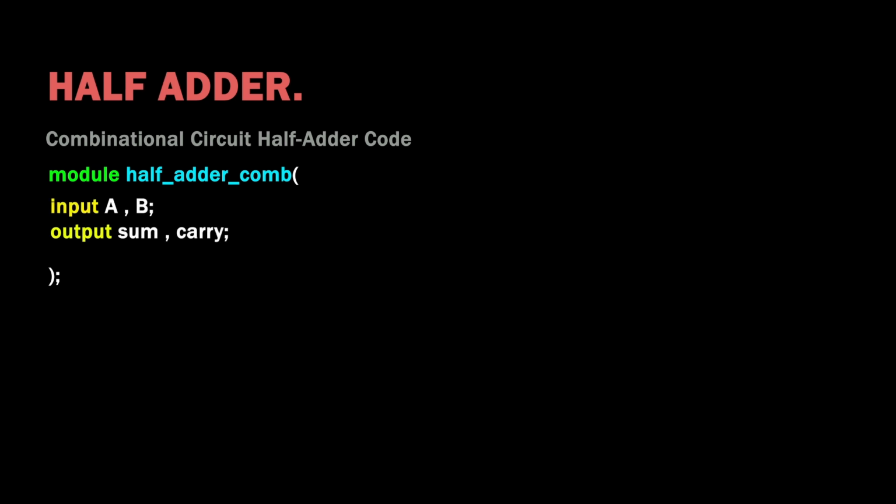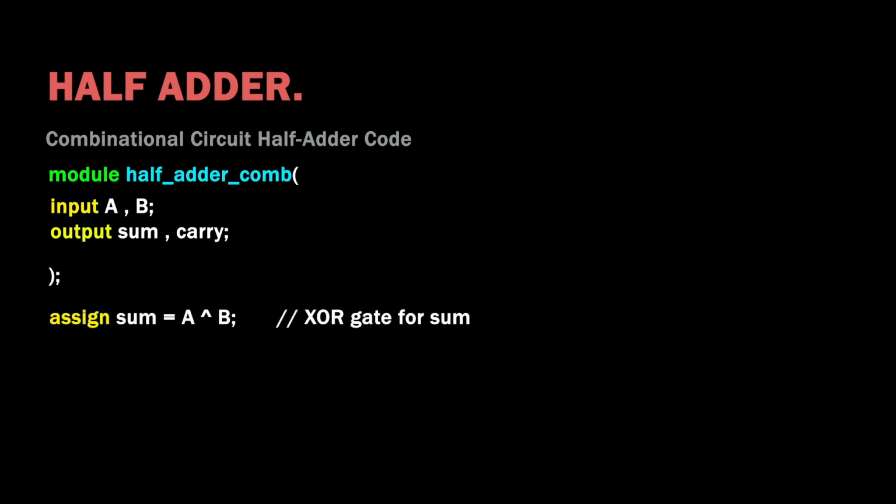And now let's start with the combinational circuit implementation by writing the Verilog code. We start by defining the module half_adder_comb, or you can name it yourself. The inputs are A and B and the outputs are sum and carry. Then we will calculate the sum using the XOR operator.